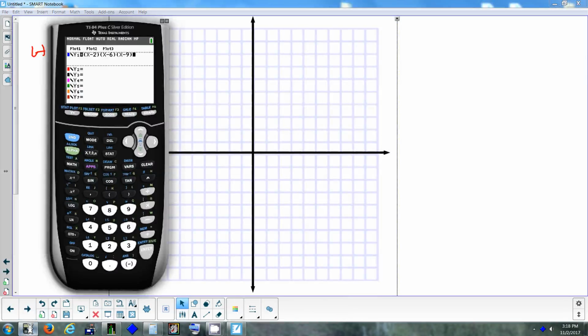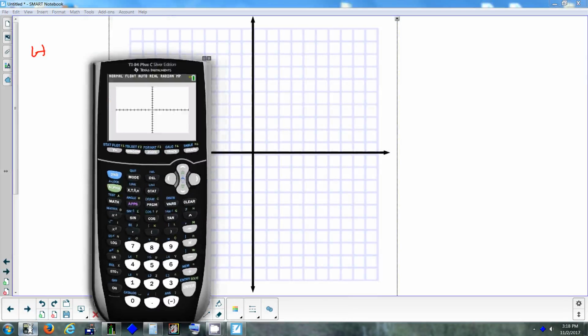So we're going to look at that graph and figure out how many local minimums it has.